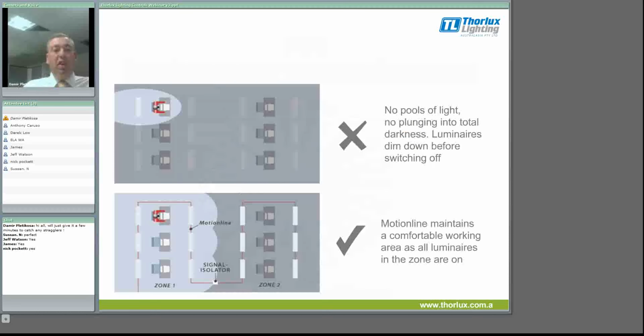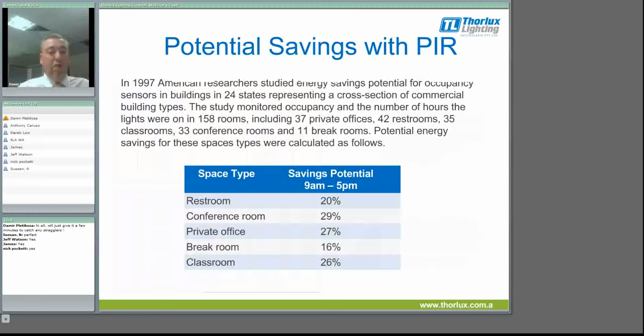The reason we do this is originally, back in the olden days when we used to supply individual PIRs on individual luminaires, we found that in big offices and classrooms, etc., people didn't like being plunged into darkness. So we had to come up with a way of switching more than one fitting. What we do now is connect the luminaires with our motion line, and that allows us to switch groups of luminaires rather than individual luminaires.